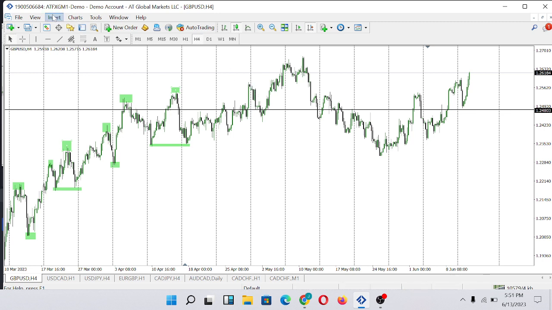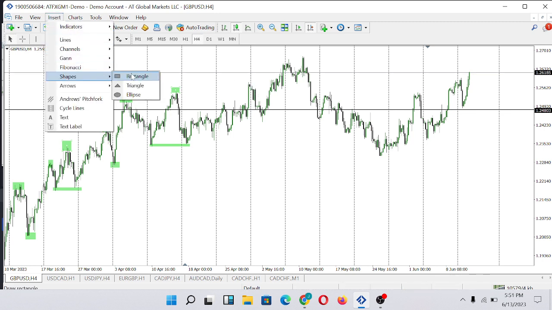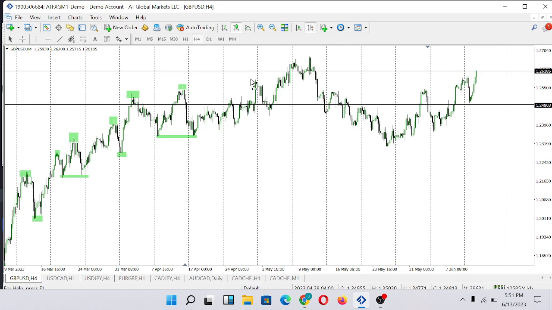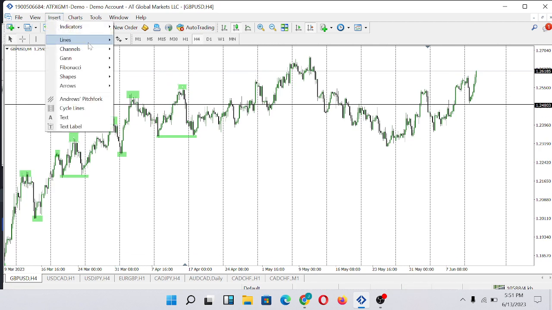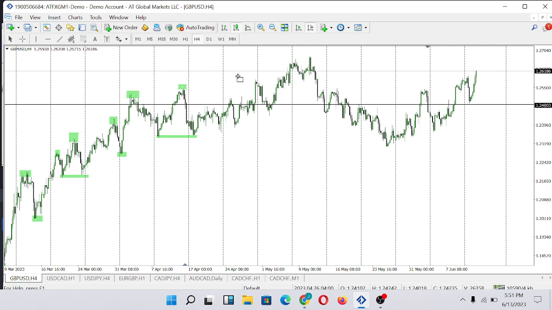Then let me just mark it. The marking is making it slow. Create a new higher high here, right? But meanwhile, there's a higher low here. High, higher low, higher high here. Then this higher low is equal with this, right?